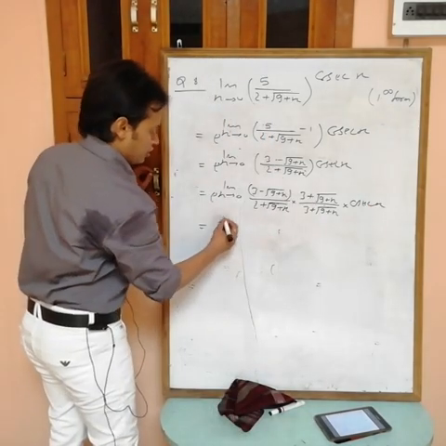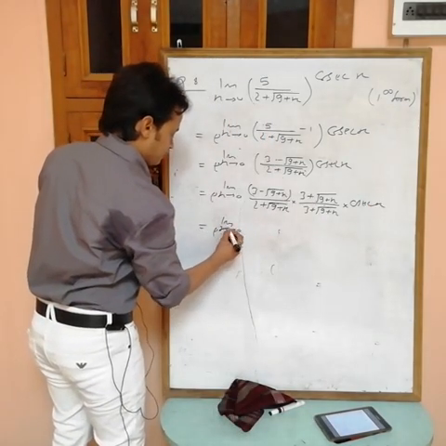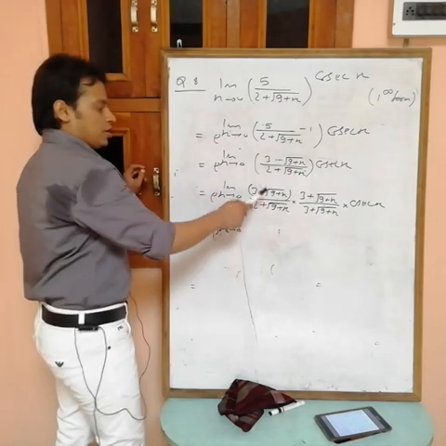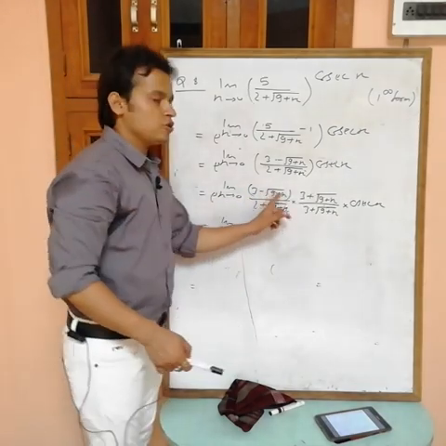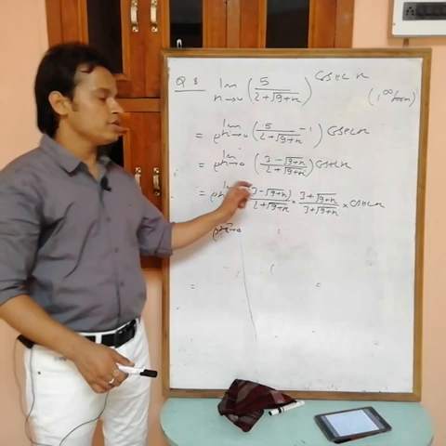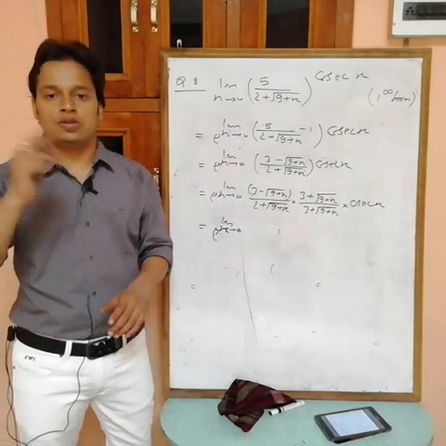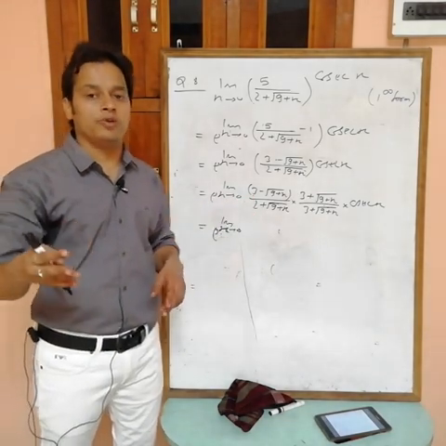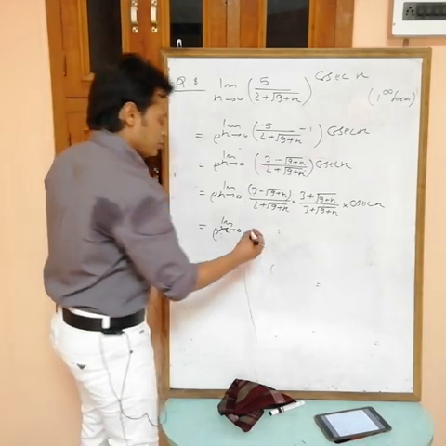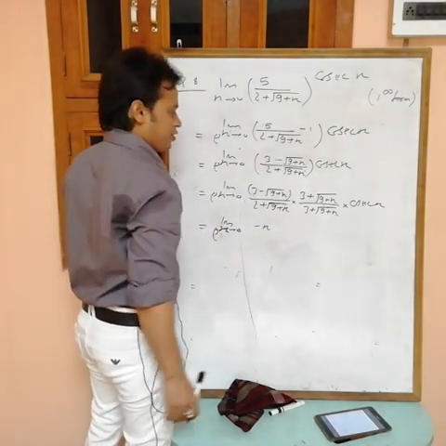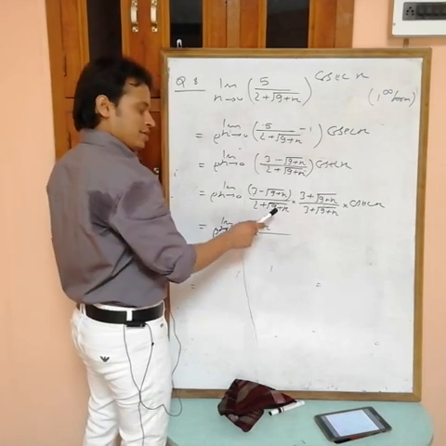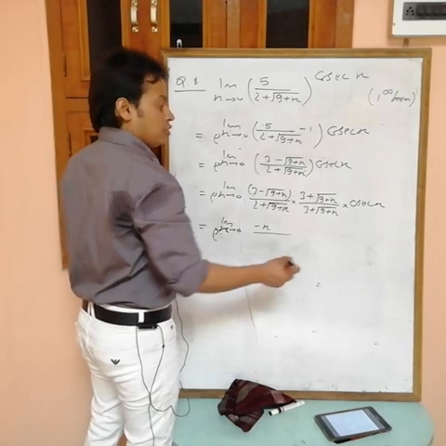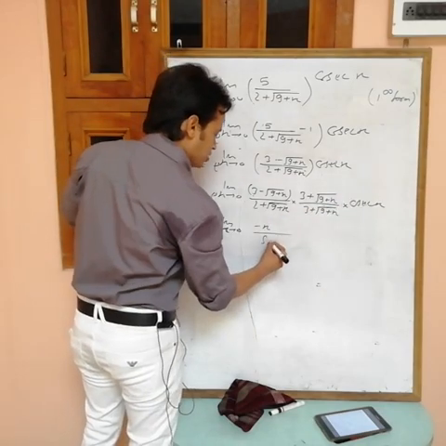Now see, e power limit x tending to 0. a minus b, a plus b, a square minus b square. a square is 9, 3 square is 9, 9 minus 9 plus x, 9 cancels out, what you will get? Minus x. Now actually these are finite, these are not going to 0, so there is no problem with these. Cosec x in the denominator can be written as sin x.